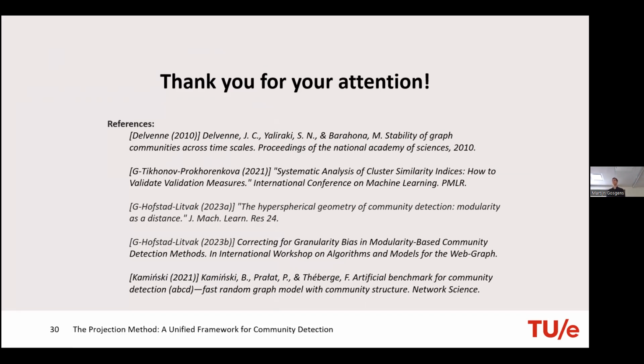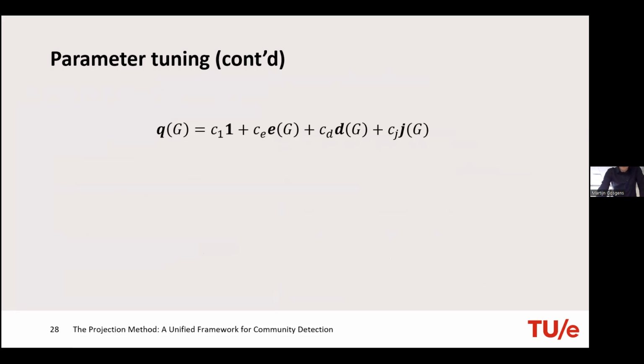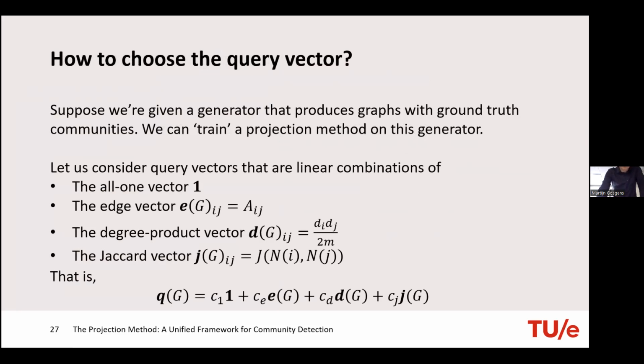Are there any questions? Sorry, it's me again. Can you go back to the slide? They are saying that there are many possible choices for the query vector. Yeah. So for some reason, PowerPoint is very slow when you include mathematics.